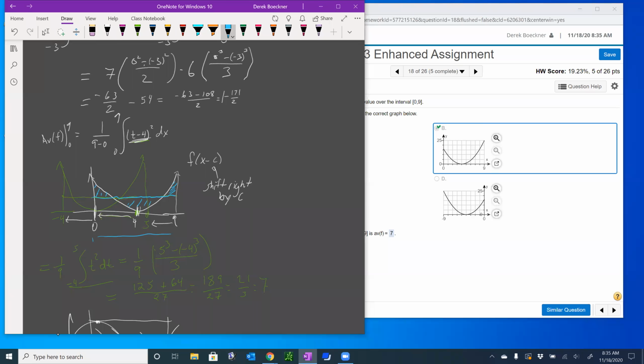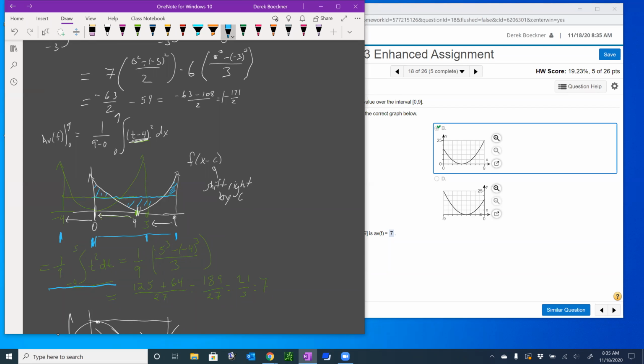Well, it doesn't matter that it's between 0 and 9 because I shifted it. So I'm going to shift it back to be between -4 and 5 by shifting it left. And then I just have to deal with the original equation of t squared, that parabola, instead of the (t minus 4) squared parabola. It just makes the algebra easier.